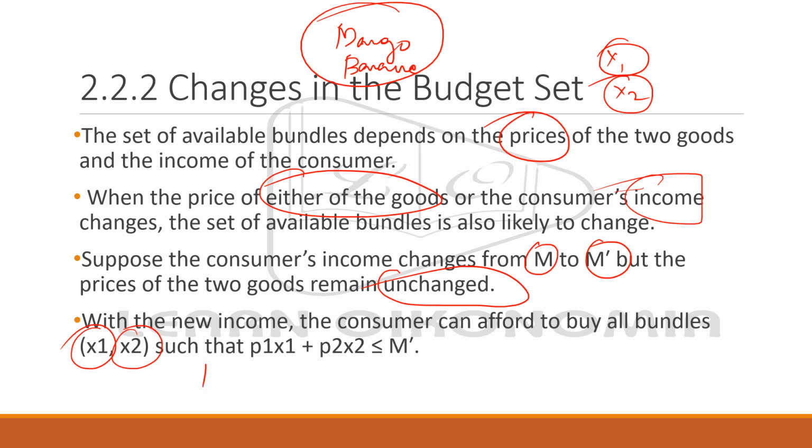So what you could see is that P1 x1 plus P2 x2 would be less than or equal to M dash. That is this equation.